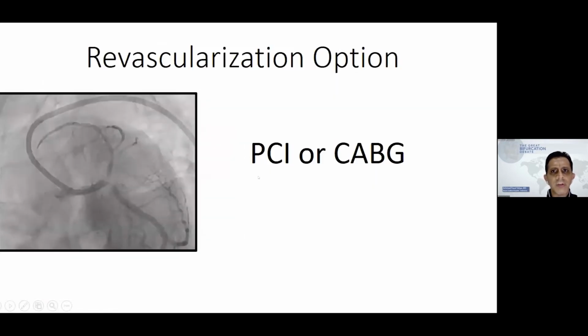So there is a revascularization option, PCI or CABG. At that time, we stopped the procedure and discussed the revascularization options with the patient and family. And the patient insisted on having a PCI.